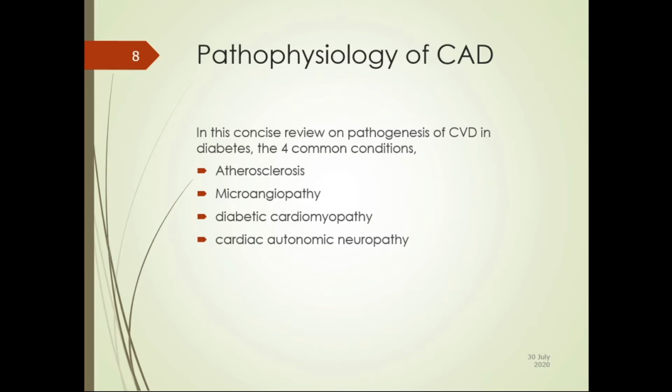So cardiovascular artery disease has 4 common conditions that predispose to it. So we have atherosclerosis, microangiopathy, diabetic cardiomyopathy, and cardiac autonomic neuropathy. So in brief, atherosclerosis is when the blood vessels thicken, then they sclerose and become thickened by atherosclerotic plaque that eventually blocks the blood vessel.